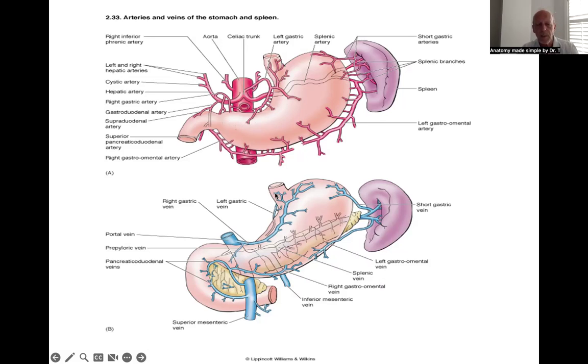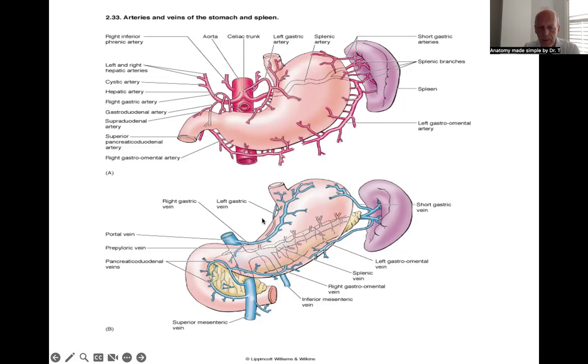Basically, we have something fairly comparable, in that arteries and veins are running parallel to each other. Here is the spleen, and of course the splenic vein, which doesn't only drain the spleen but also drains a bit of the pancreas. I forgot to mention that the splenic artery, through its small branches sent directly into the pancreas, provides the major blood supply to the pancreas, as part of the digestive tract as well.